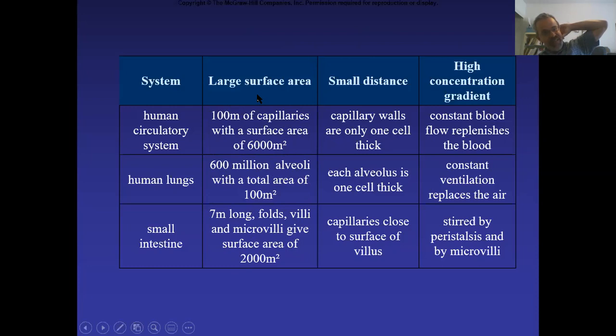All these large increases, large surface areas are very important in contributing to the function. With the circulatory system, like I mentioned, it just certainly slows the blood down, but it also maximizes the movement of blood into the tissues. With the lungs, in this case, we're maximizing the gas exchange between the lungs and the blood. And with the intestine, this is going to maximize the amount of absorption of nutrients.